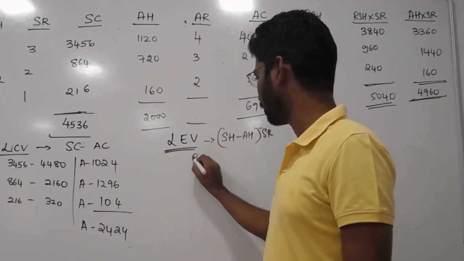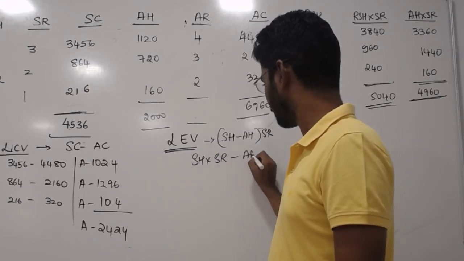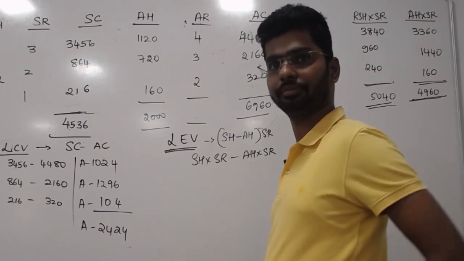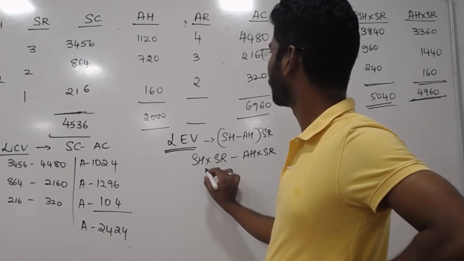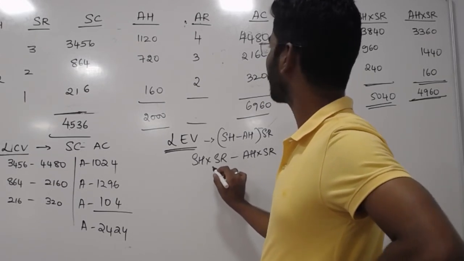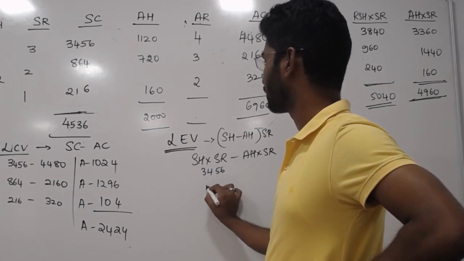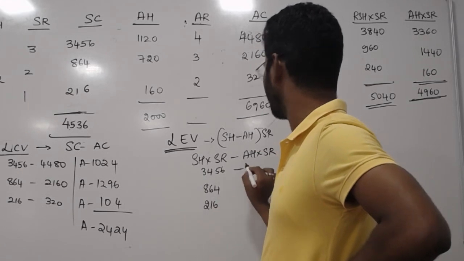So this will become what? That will be SH into SR, standard cost 3456, 864, 216.